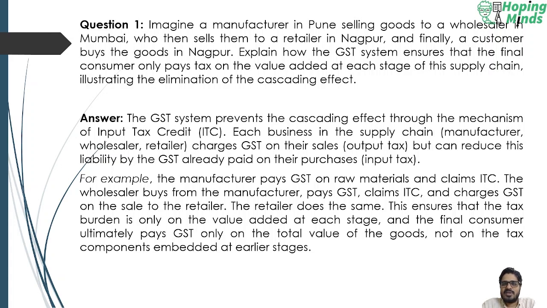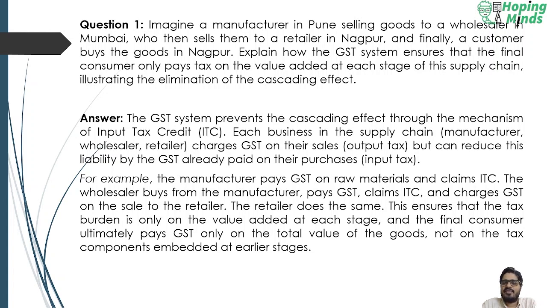Further, suppose the wholesaler sells the goods further to a retailer for rupees 200. Then the wholesaler will charge GST on this rupees 200 and he will utilize the taxes that he has paid at the time of purchase from the manufacturer.